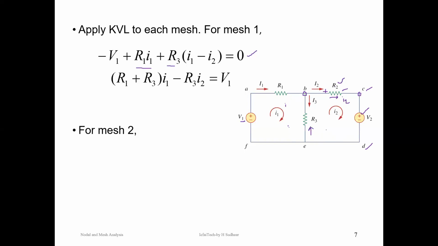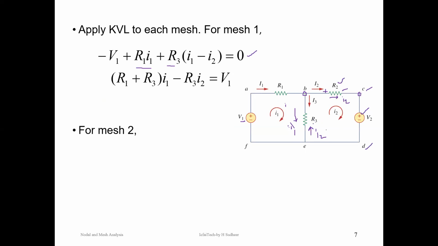R3 does not belong to only the second mesh. It is common between second mesh and first mesh. So I2 is the current flowing in upward direction, and the opposite current is I1 coming in downward direction. When you consider mesh 2, you just think that the mesh 2 current is greater than other currents.